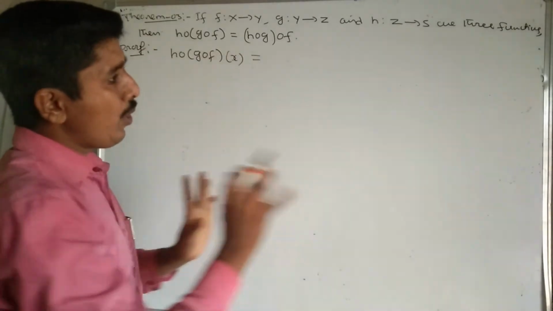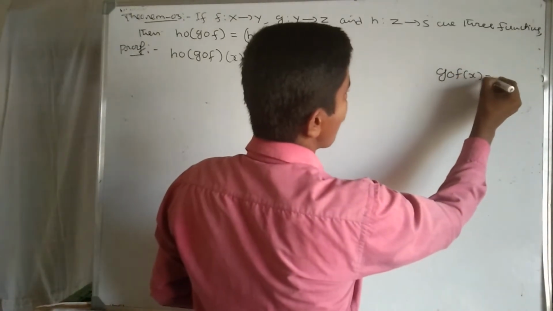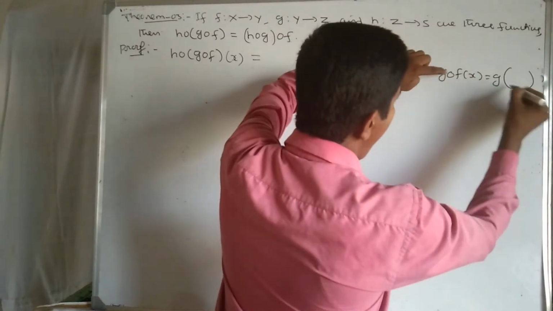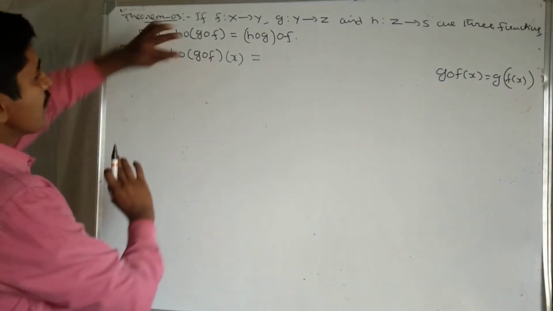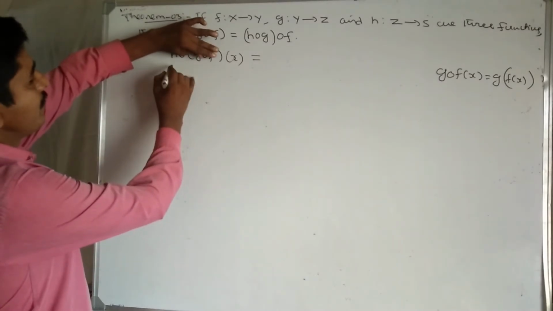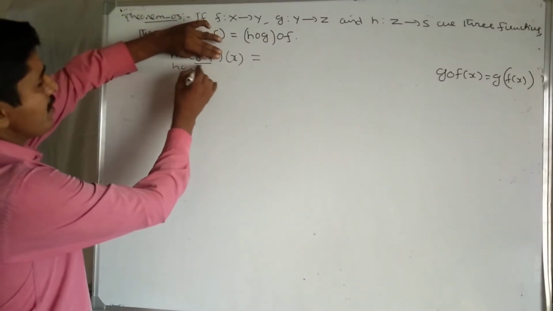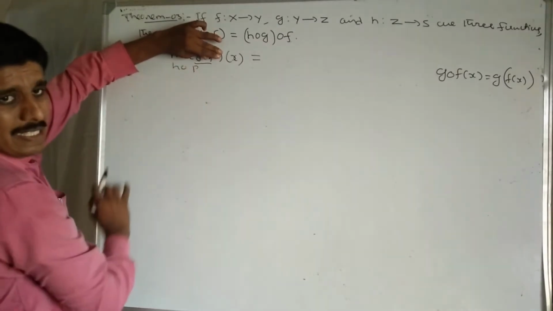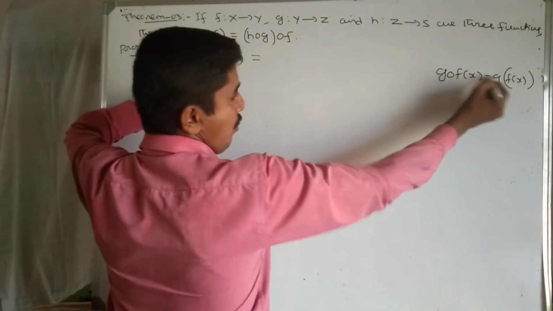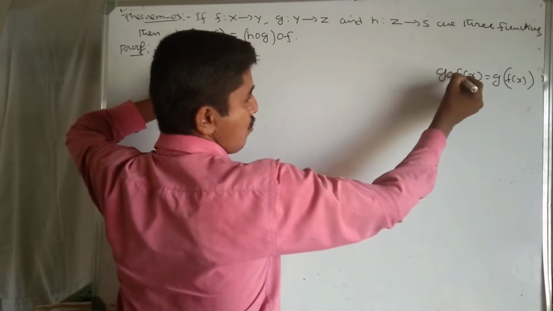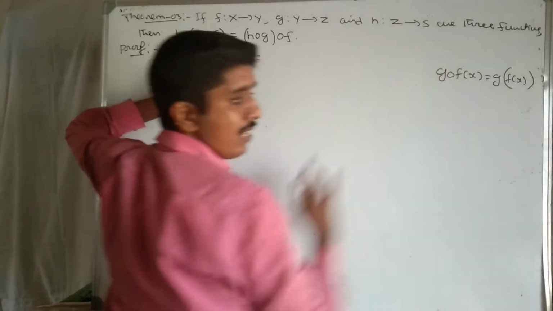We know that the composite function is defined as (g∘f)(x) = g(f(x)). First, consider this h, and suppose this other function is p, defined as, remove the composition, take brackets: (g∘f)(x) equals g(f(x)).